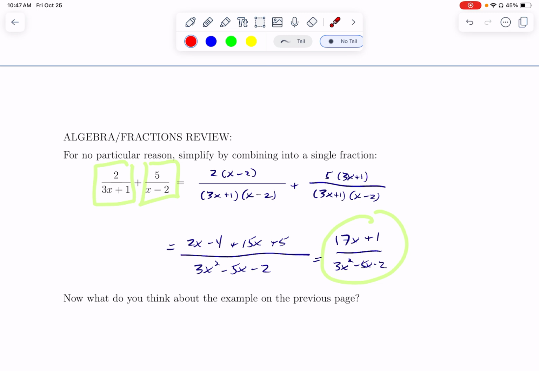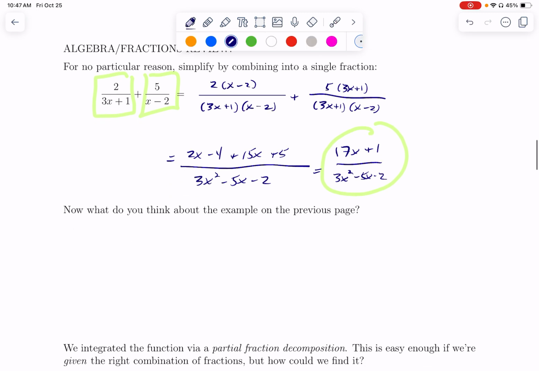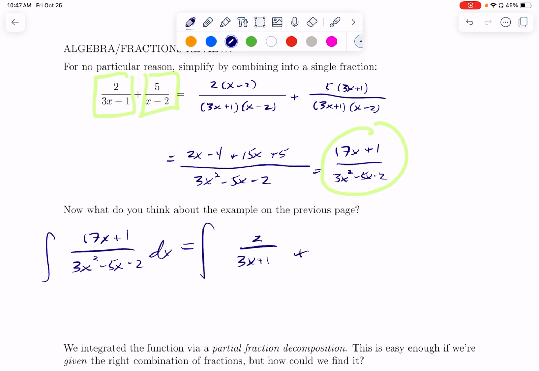But now that we know this, how could we do that integral from the previous page? Well, we could recognize that this complicated fraction is actually this reasonably nice fraction plus this reasonably nice fraction, each of which we can integrate using natural logs.